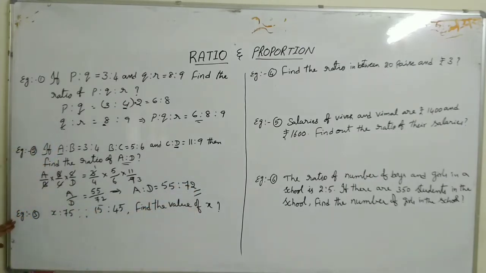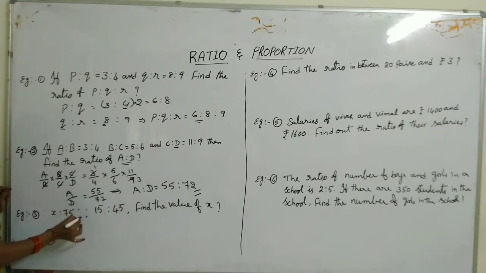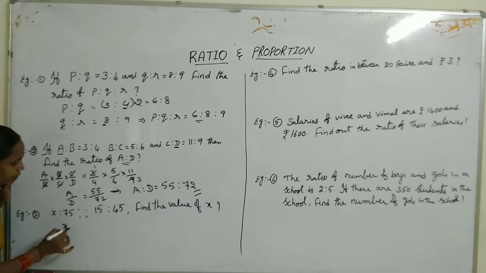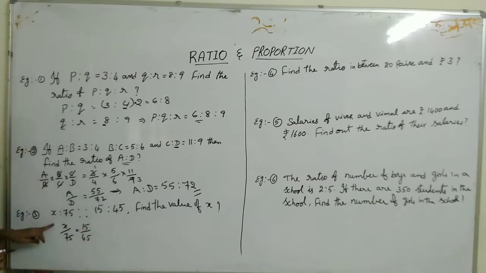Next, example 3. X is to 75 proportional to 15 is to 45. Here this symbol represents proportion or equalization, that is x by 75 equal to 15 by 45. Now we have to find out the value of x.